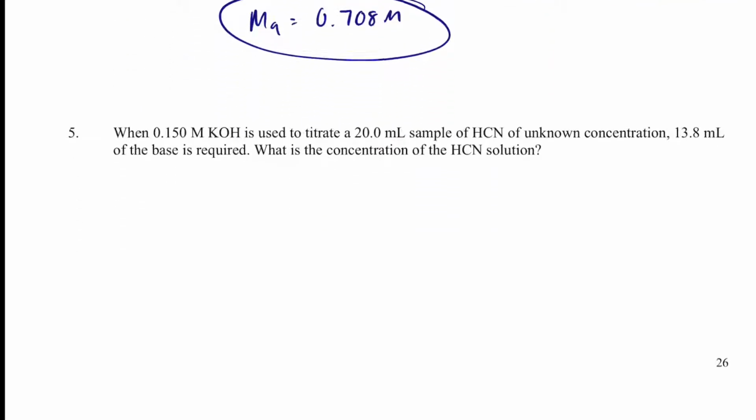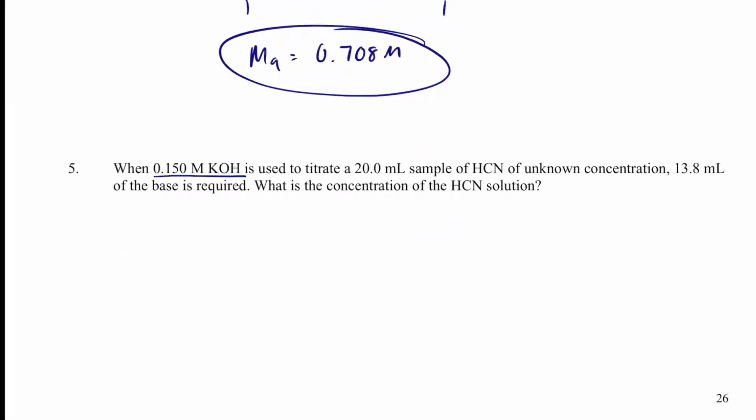Okay, last one here. We've got 0.150 molar potassium hydroxide. It is titrating 20 milliliters of HCN. We don't know the concentration of HCN, but when we titrate it, it takes 13.8 milliliters of base. That's the volume of the base. We want to know the concentration of HCN.